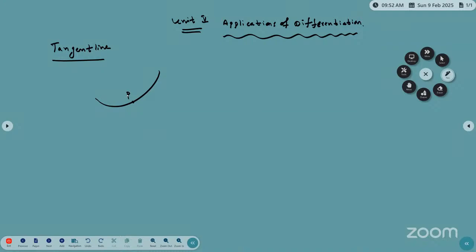Then the tangent to a curve is a straight line which touches the curve at only one point.